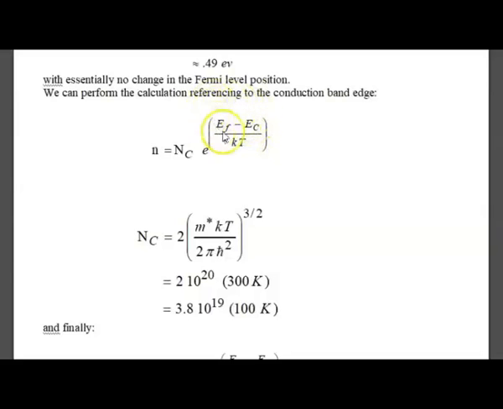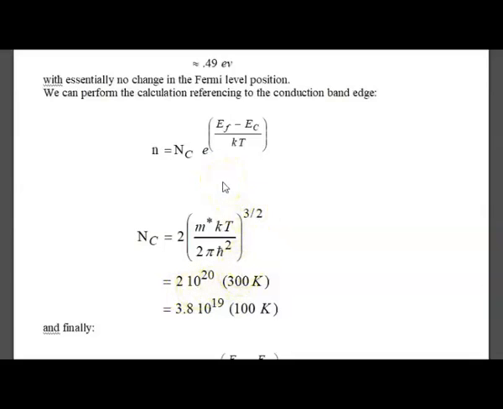So this is a negative number. E sub C is bigger than E sub F. That's exactly what we want, because N sub C is big. N sub C is about 2.8 times 10 to the 19th. That's what it is, but it doesn't matter.